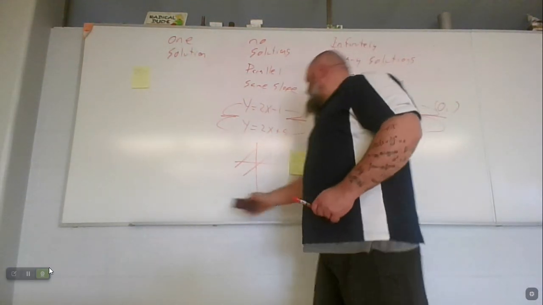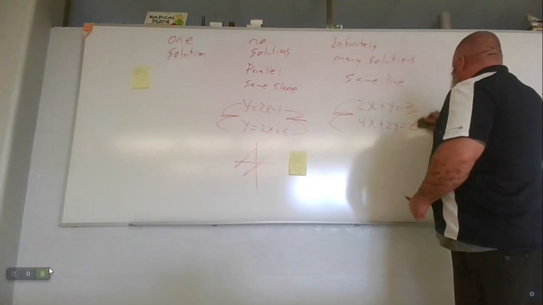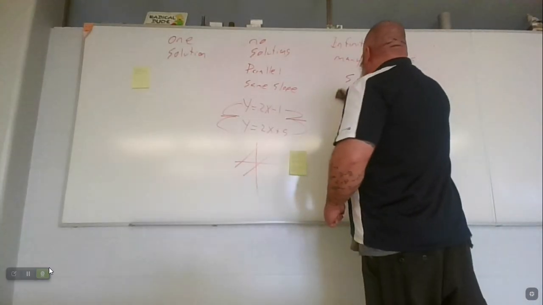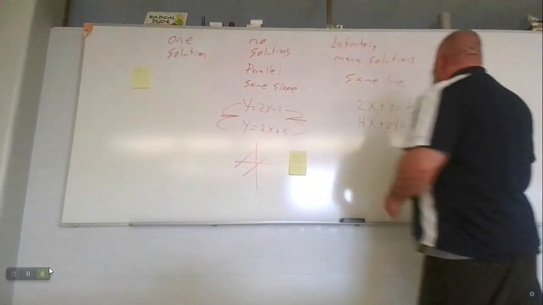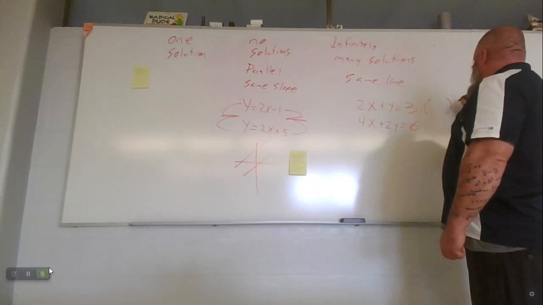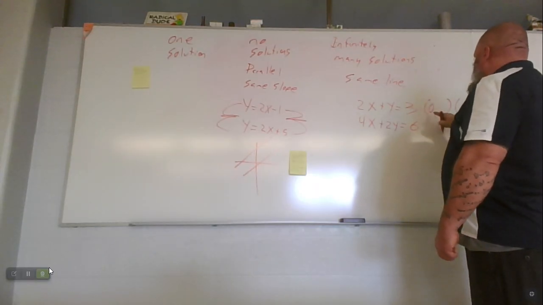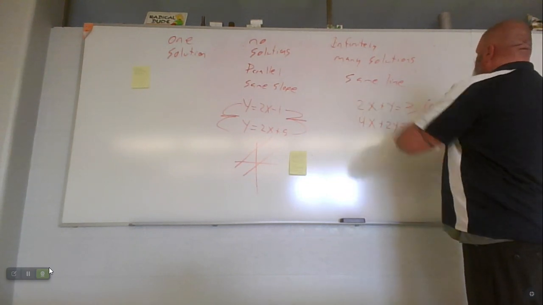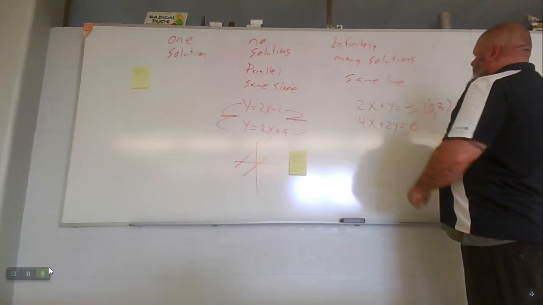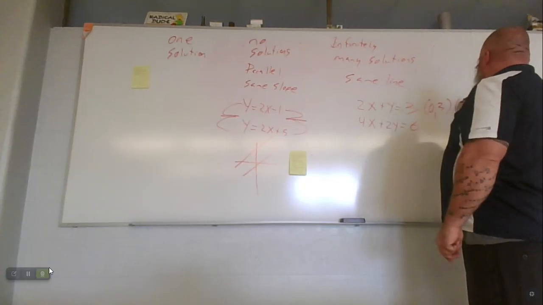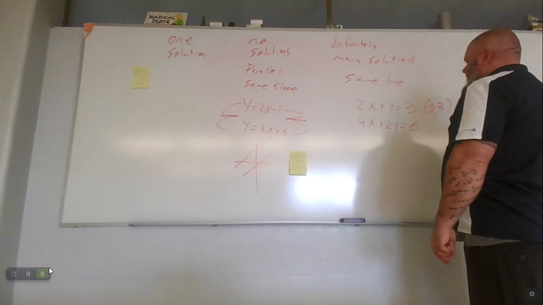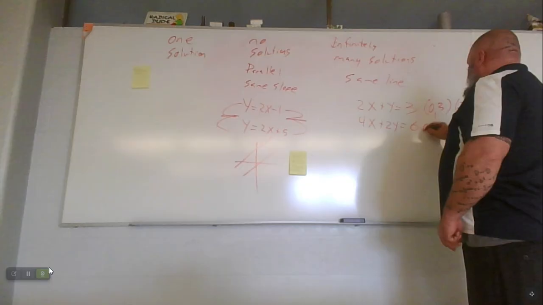Actually, let me do this on a series so we have a little more room to work. So when x is 0, y is 3. When y is 0, x is 3 halves. Now let's come down here.